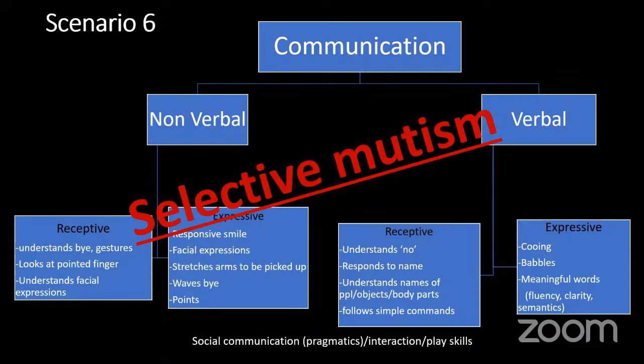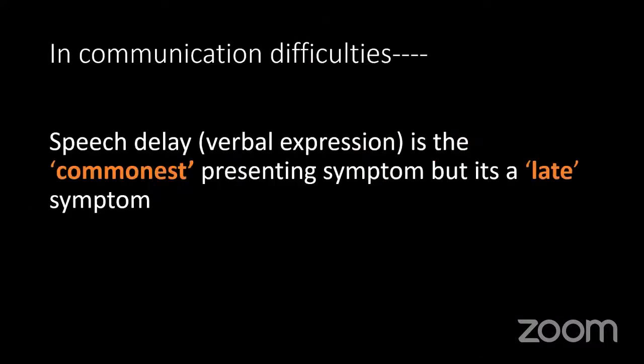So these are some of the case scenarios with the same history of speech delay, but the diagnosis can be completely different. Speech delay is just a symptom, and we have to go a little bit further rather than just reassuring that all is well without asking questions.